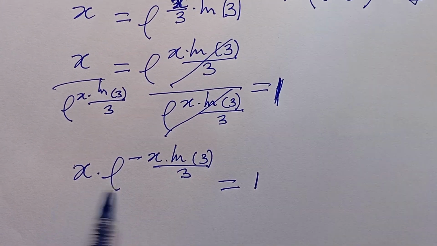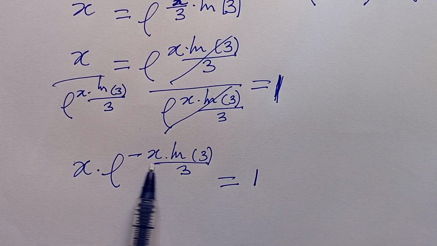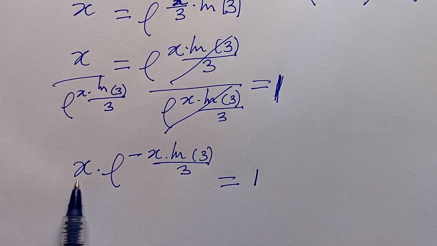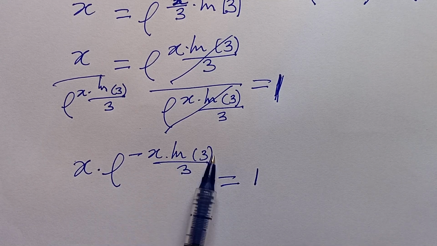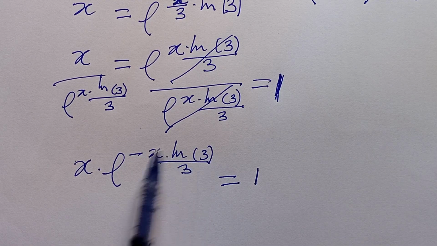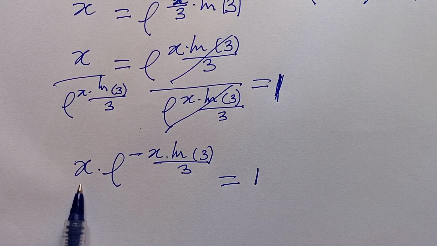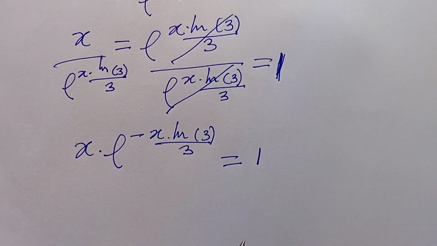Now, if you check this expression here, at the top we're already having x. The difference between this and this is just minus ln of 3 all over 3. So for us to make this quantity, we just have to multiply both sides of the equation by minus ln of 3 all over 3.